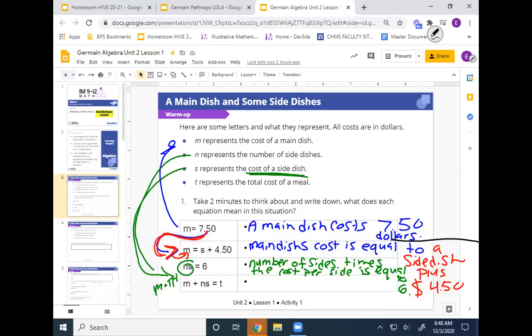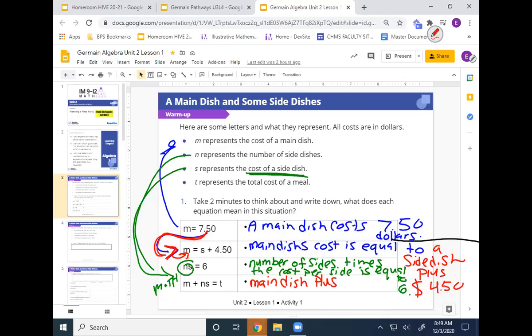I know what you meant there, Kyle. So what this last one here is saying is the main dish plus what? The main dish plus what? What did we say that n s stood for? Ian, help me out. Unmute and let me know. What does that n s stand for?